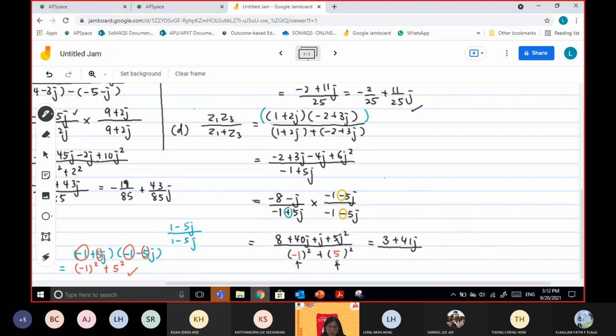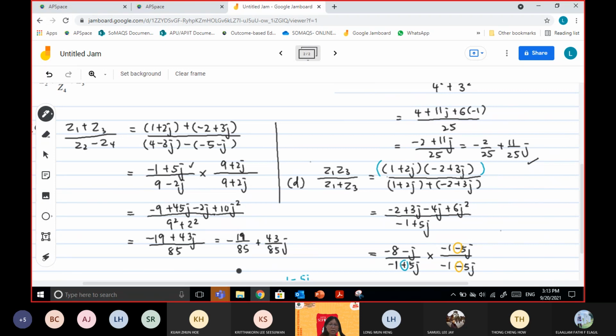Then the bottom, 5 squared is 25 plus 1, 26. So our answer is 3 over 26 plus 41 over 26j. You can calculate it as a decimal. Yep, correct, this is the answer.